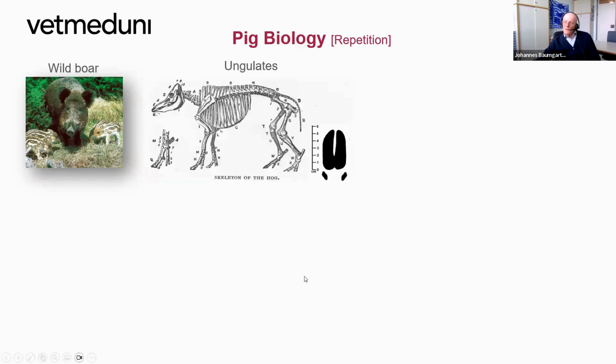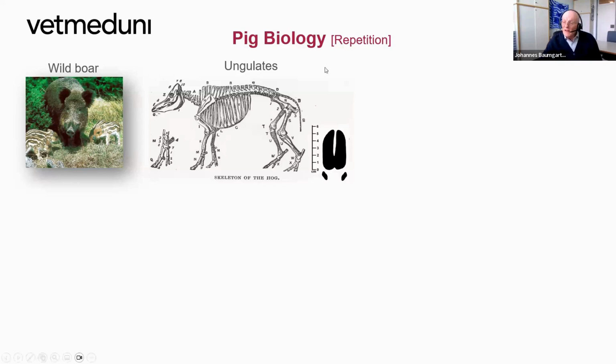When we have a look at their skeleton, then we have very many similarities to humans, except the fact that they are walking on 4 legs, and we do on 2 legs. Another difference is this massive snout, which is one of the central organs of the pigs and characterizes the pigs.